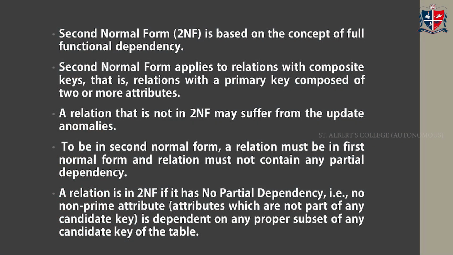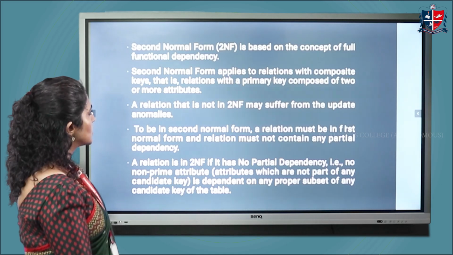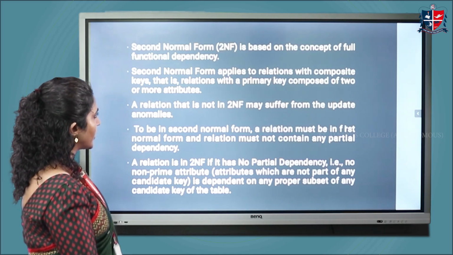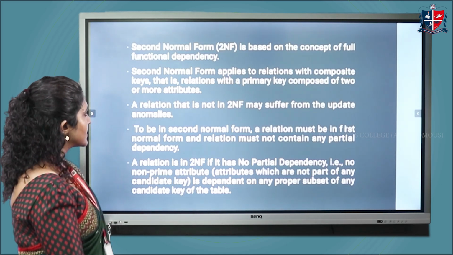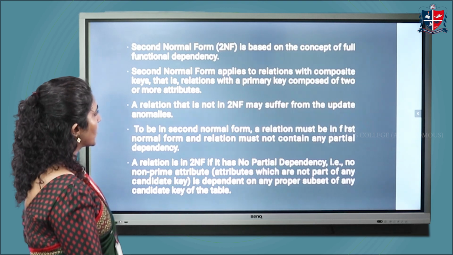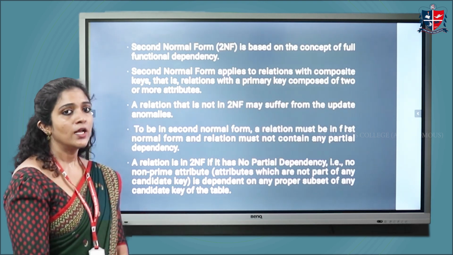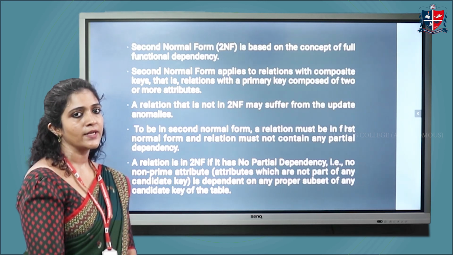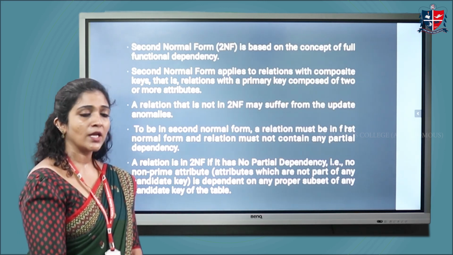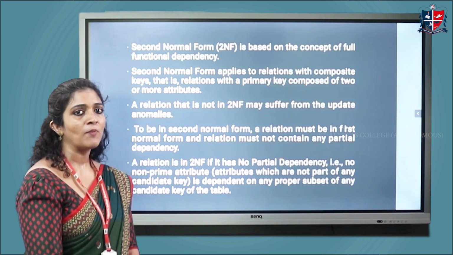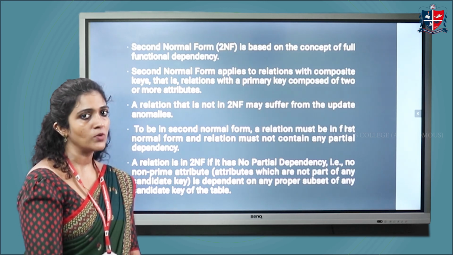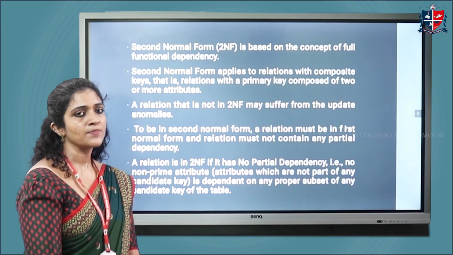Second normal form is based on the concept of fully functional dependency. Second normal form applies to relations with composite keys, that is, a relation with a primary key composed of two or more attributes. That means the issue of partial dependency arises when the primary key of the table is a combination of multiple attributes, that is, when there is a composite primary key.